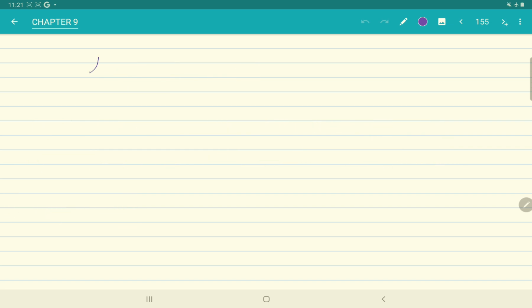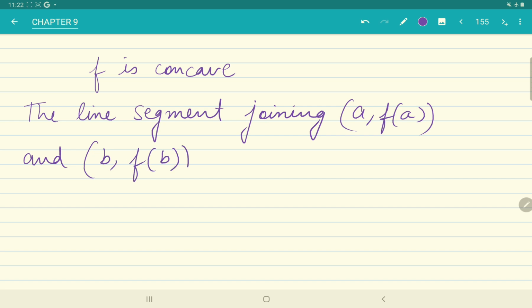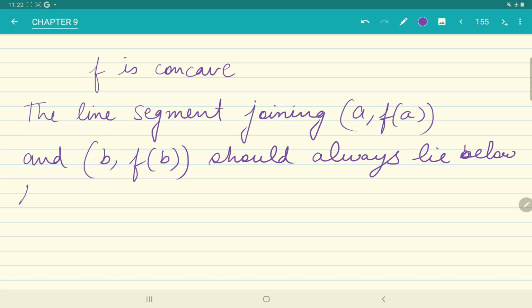Given that f is concave, that means the line segment joining (a, f of a) and (b, f of b) should always lie below the graph of f.